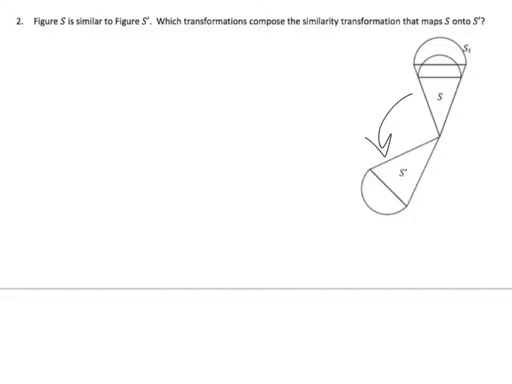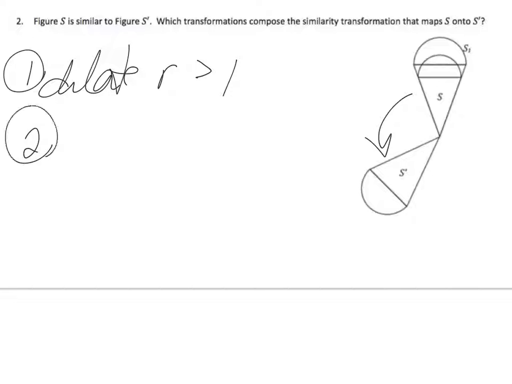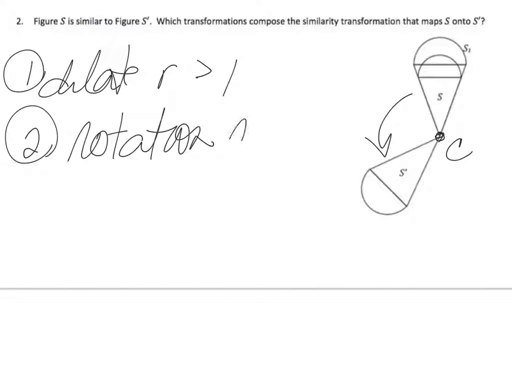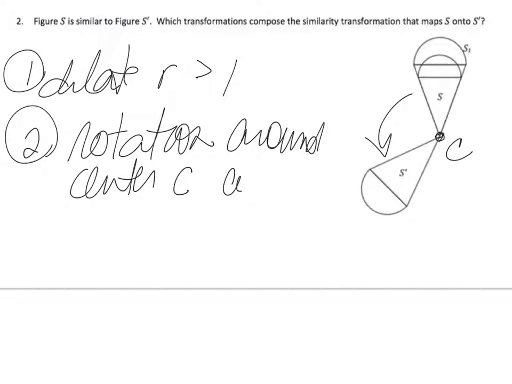Looks like I got bigger, so the first thing I'm going to do is dilate with a scale factor bigger than 1, and then just a nice rotation around a center C. A degree that we don't know because we're not measuring it, so we call that a degree of theta.